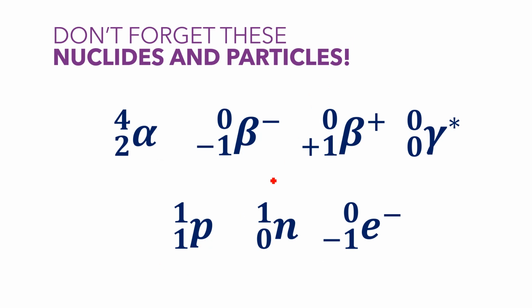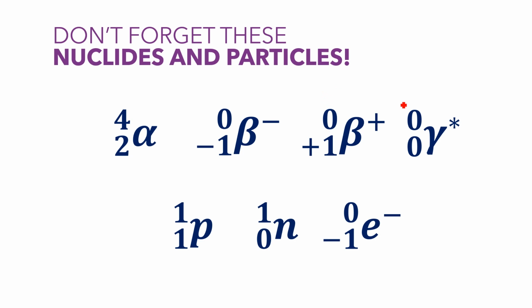Huwag niyong kakalimutan itong mga particles and nuclides na to. So, we have here the alpha. Ang alpha contains 4 and 2. The beta minus, atomic weight is 0, but it has a negative 1 atomic number. So, yung beta plus is +1 and 0 din yung atomic weight.